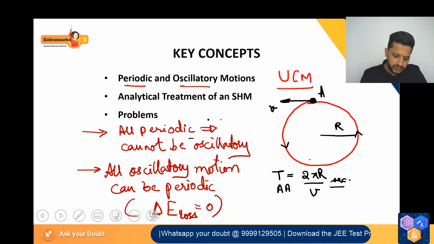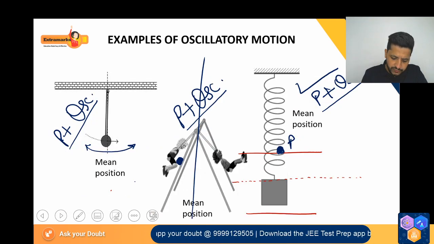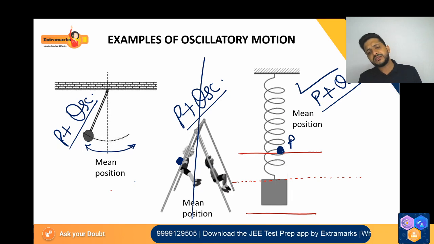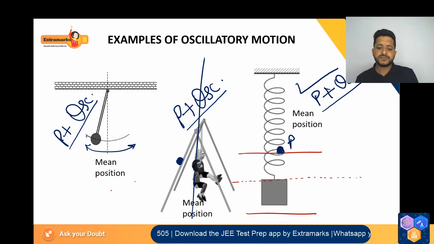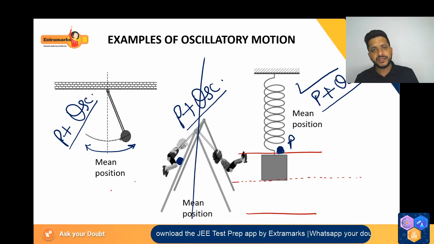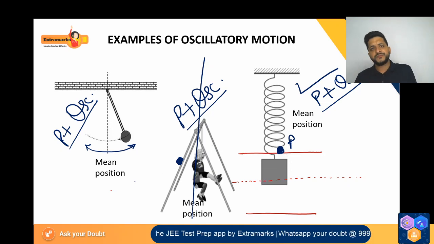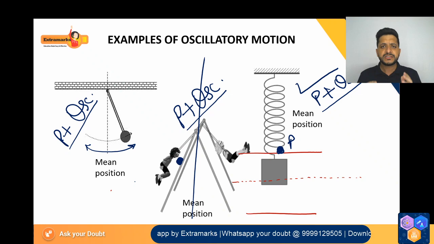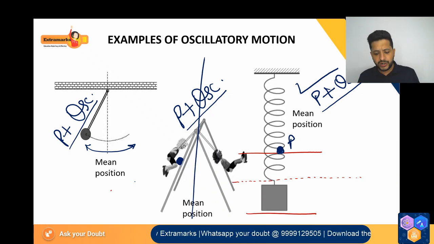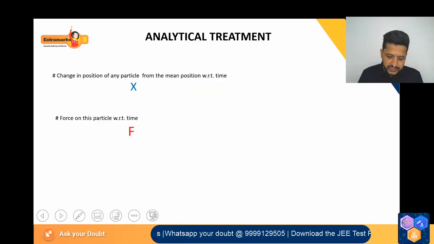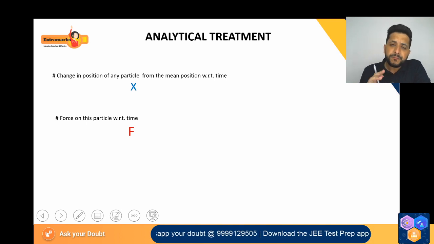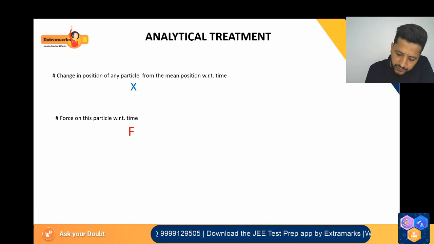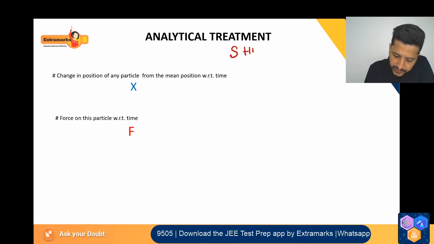So this initial thing should be clear with all of you. And these are some diagrams. If you look at these three systems now, they are periodic as well as they are what, beta? Oscillatory in nature. Such systems which are periodic as well as oscillatory in nature show a particular type of motion, and that particular type of motion is called SHM.